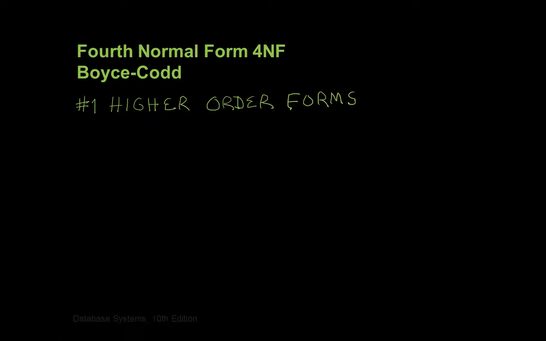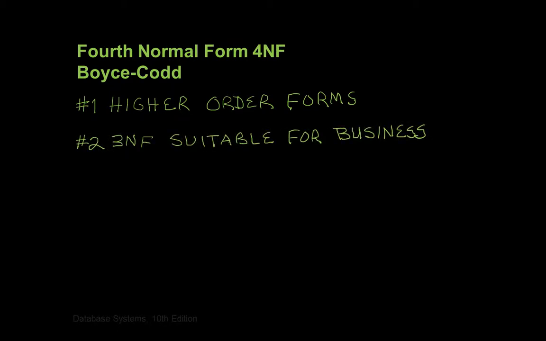When we talk about the fourth normal form or the third normal form, Boyce-Codd, these are higher orders, again, of our normal form. The third normal form is most suitable for business, and in most cases it will allow your database engine to operate efficiently, giving you good results when you turn your data into information.